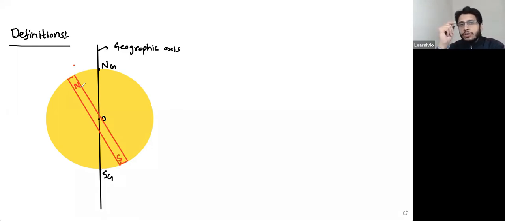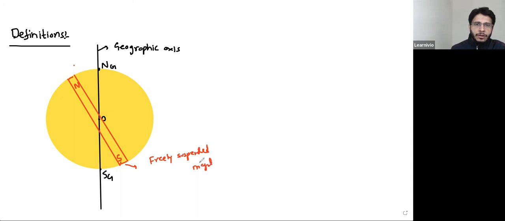So usually a north pole is attracted to a south pole. Since the freely suspended magnet points towards the geographic north, you can conclude that the magnetic pole here, that we call magnetic north, is not a north pole, it's basically a south pole.